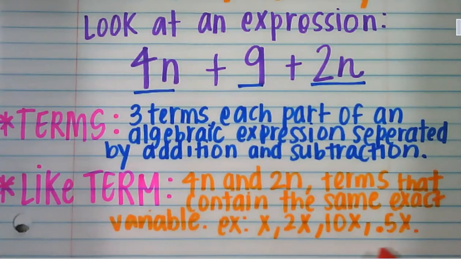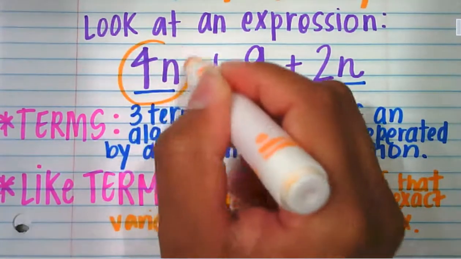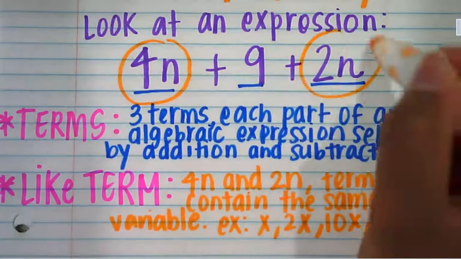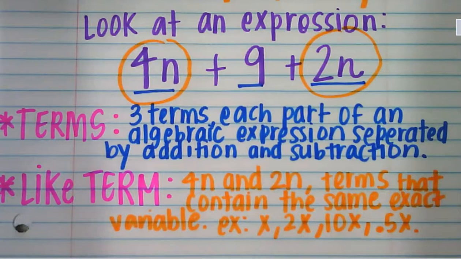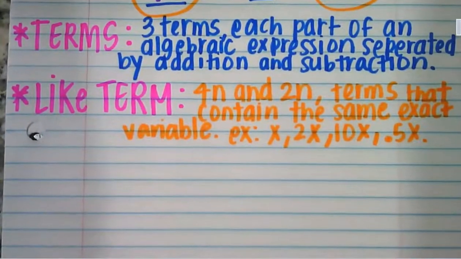All of these are like terms. So in this problem, our like terms are 4n and 2n because they have the same exact variable. All right, let's continue.